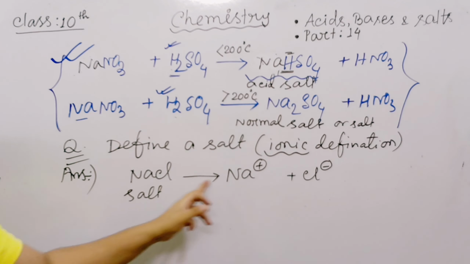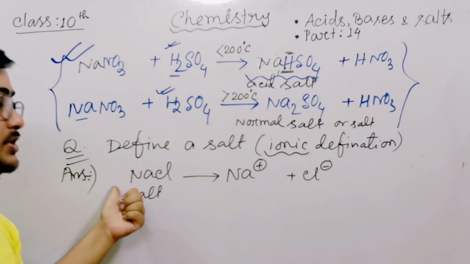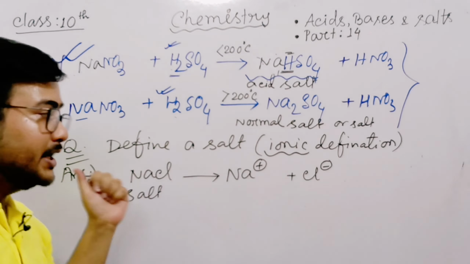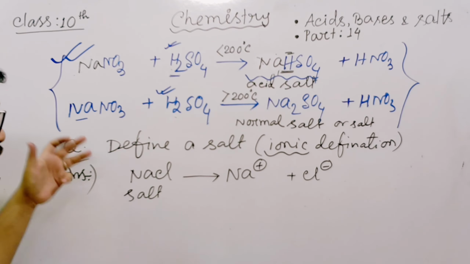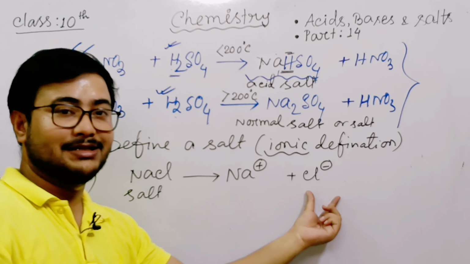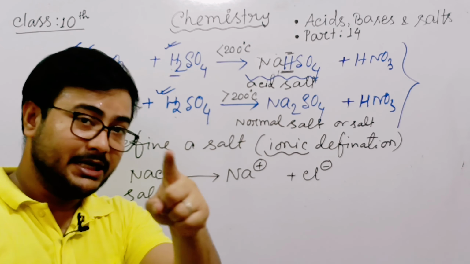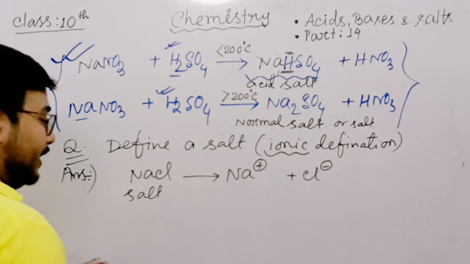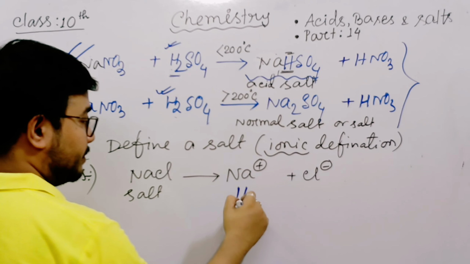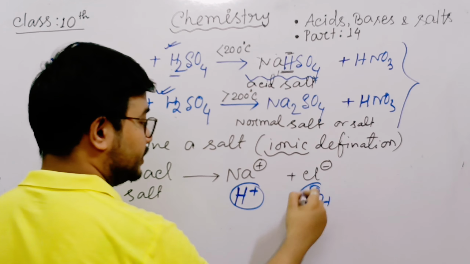So ion, see, this is ion. So now we have to define what is salts with the help of this example. Am I right? So now what is the definition of salt? Salt is a compound which when dissociate form two ions, one positive, another negative. But keeping in your mind, never this positive ion is H plus, never it is OH minus.